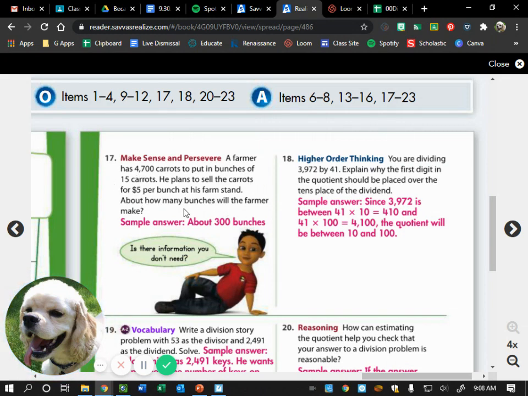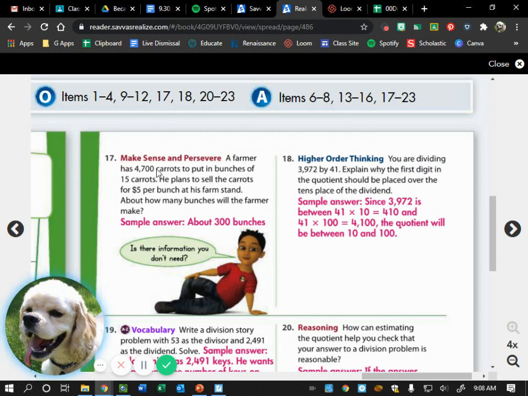So you could have said about 250 bunches, or you could have said about 300 bunches, anywhere around there. I'd say anywhere from 250 to 350 would be a good estimate. So when you see the phrase about how many, that tells you that you should be estimating by rounding your numbers. Don't use the actual numbers they give you. You round them and estimate.